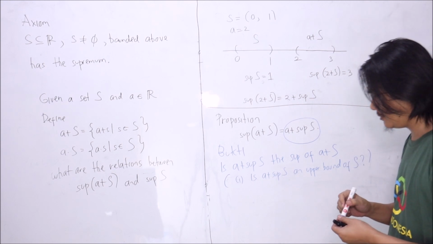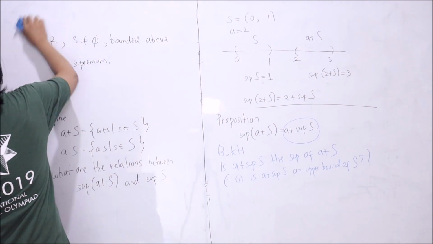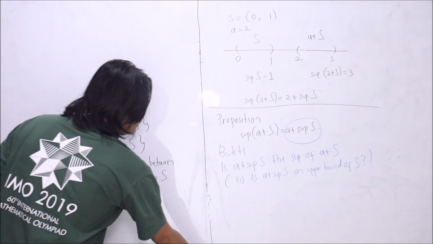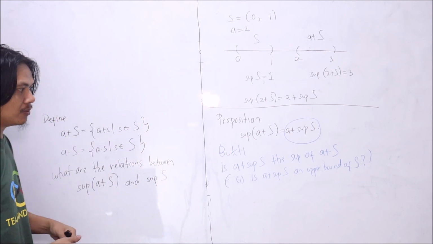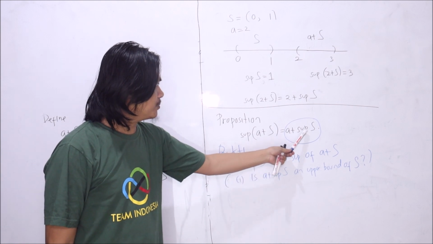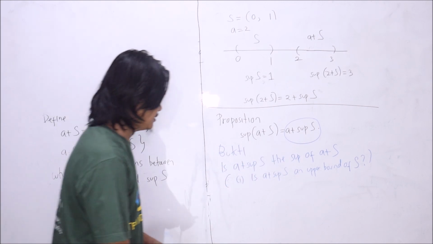Okay, let's find out. We want to show that A plus sup S is an upper bound of A plus S.